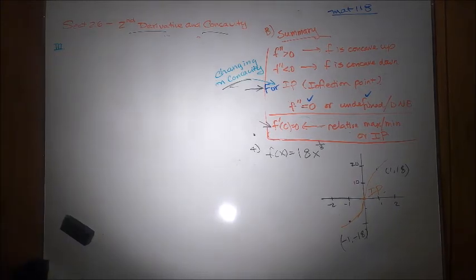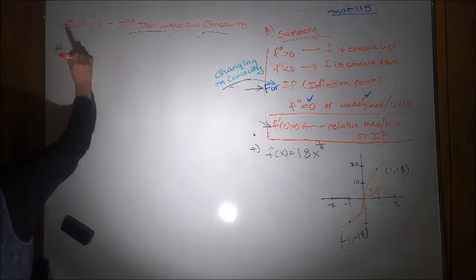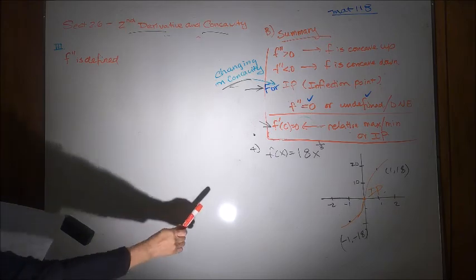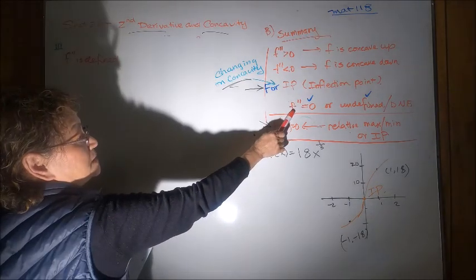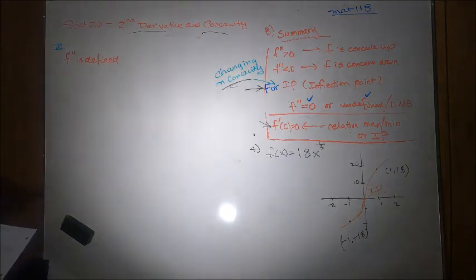So let's summarize it again. If f prime prime exists, is defined, that means you can find f prime prime, not undefined or doesn't exist.